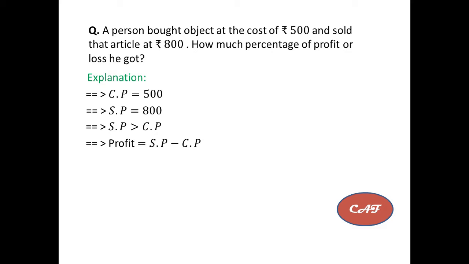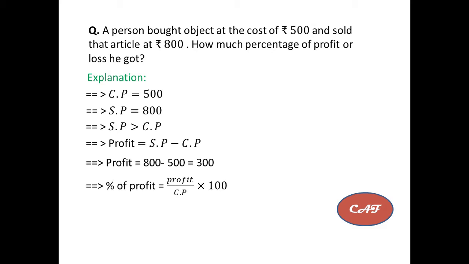Profit is equal to SP minus CP. 800 minus 500 is equal to 300. Here they are asking percentage. So percentage of profit is equal to profit divided by CP into 100. Here he got a profit of 300 rupees. So 300 divided by 500 into 100 is equal to 60%. So he got 60% as profit percentage.